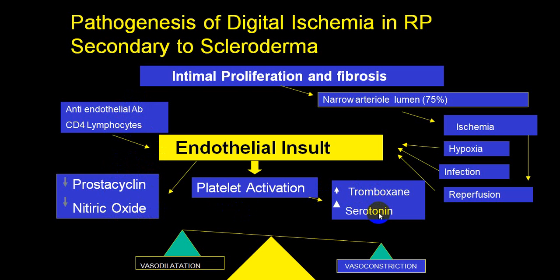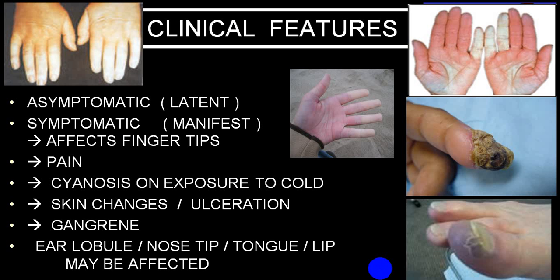Thromboxane and serotonin levels will be increased, which will produce vasoconstriction, and that will lead to what we call classical Raynaud's phenomena. And this is for a long period. You will get gangrene, and then you will have auto amputation.